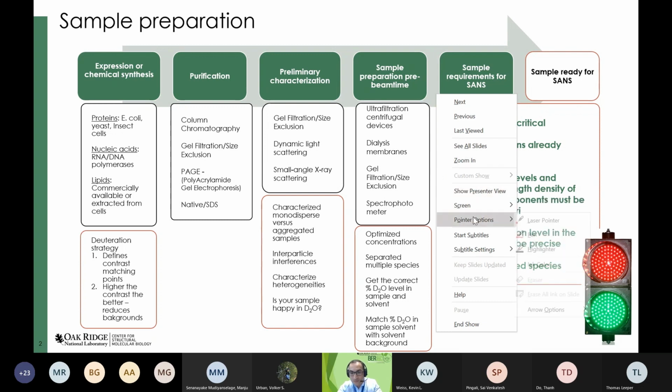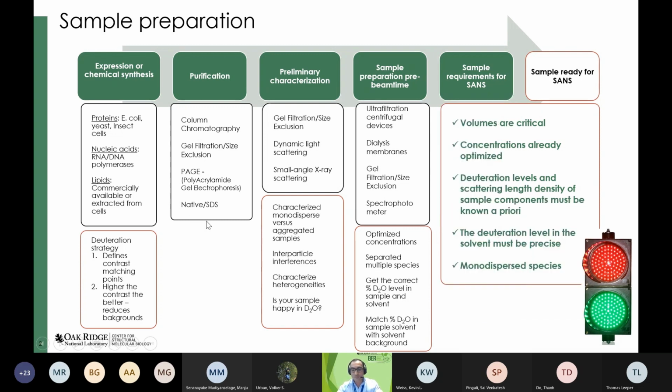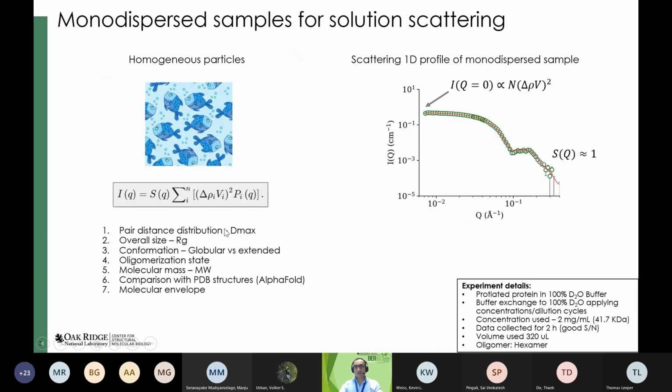Yeah, here you go. When I say that we need to have monodisperse samples for solution scattering, what I mean is that our sample should be well behaved. Here I'm talking about homogeneous particles, like those fish in solution, where I can distinguish the scattering from each particle in my system.